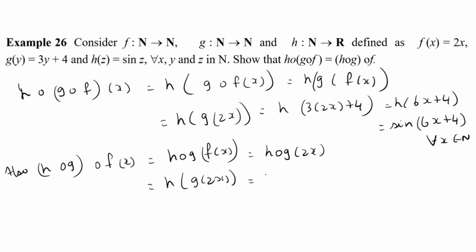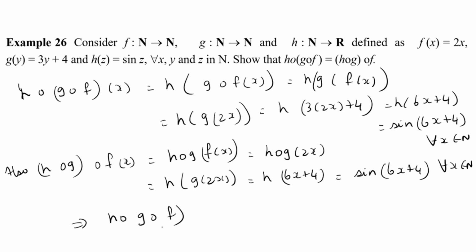G of 2x will be, in place of y we have to substitute 2x, so it will be 6x plus 4. So this is equal to h of 6x plus 4. H of z is sin z. So h of 6x plus 4 will be sin of 6x plus 4 for all x belongs to n. So this implies h of g of f is equal to h of g of f.